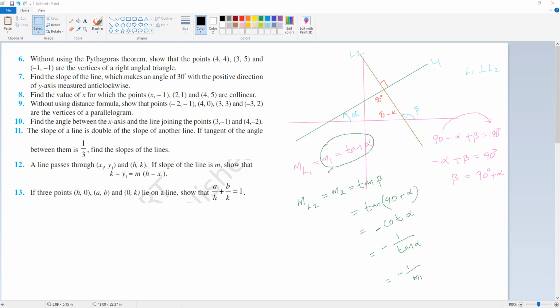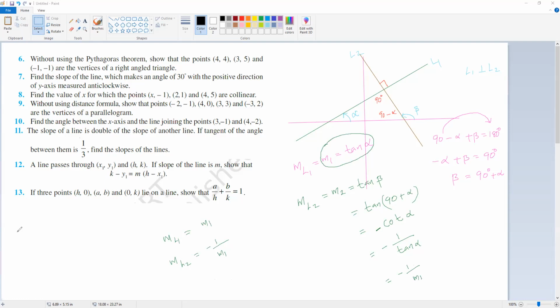Yes, sir. So what you got is the slope of the second line. The slope of the first line you got is m1, and the slope of the second line you got is minus 1 by m1, right? That means, what can we say about this?